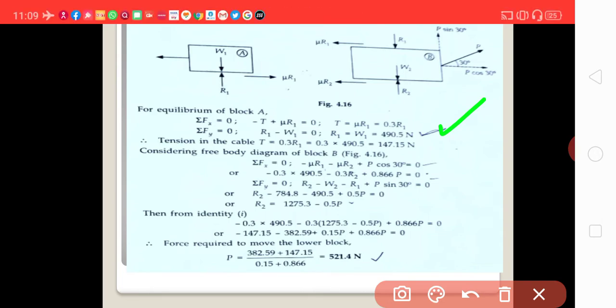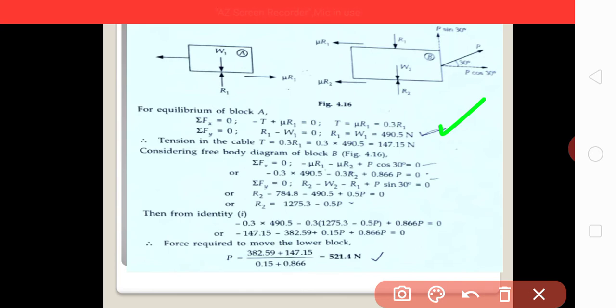Summation Fy equal to 0 means R2 minus W2 minus R1 plus P sin 30 equal to 0, or R2 minus 784.8 minus 490.5 plus 0.5 P equal to 0, since sin 30 is 0.5.